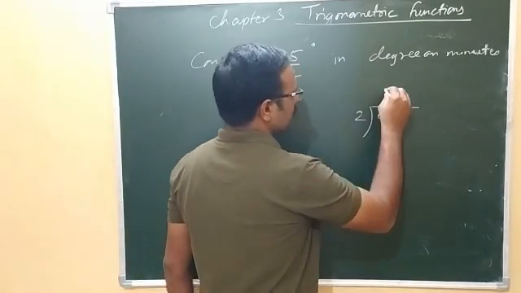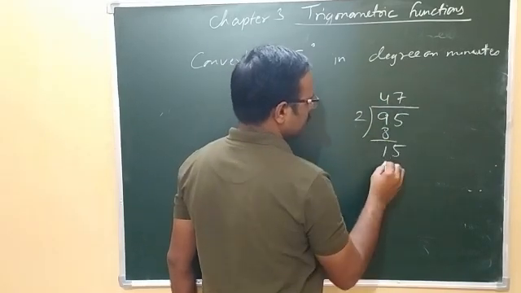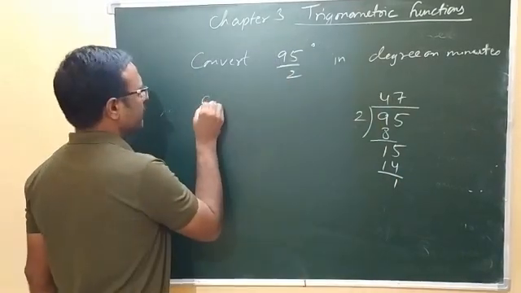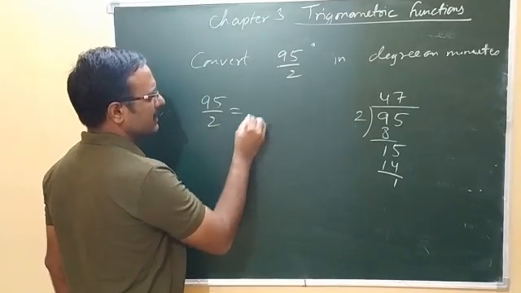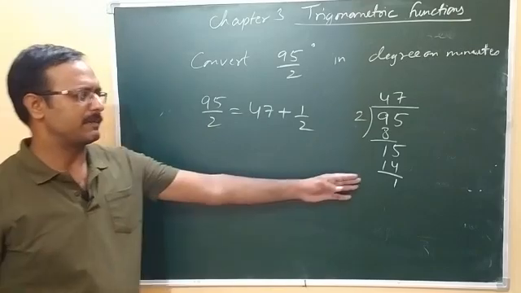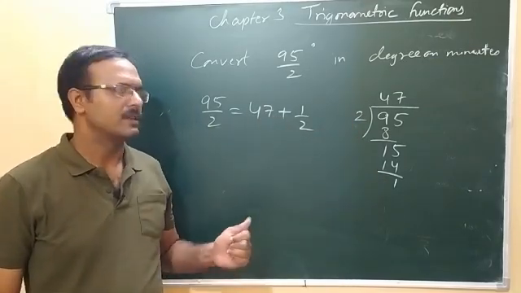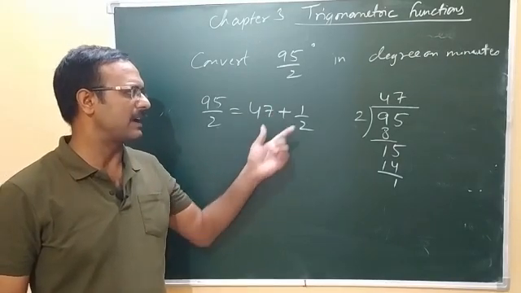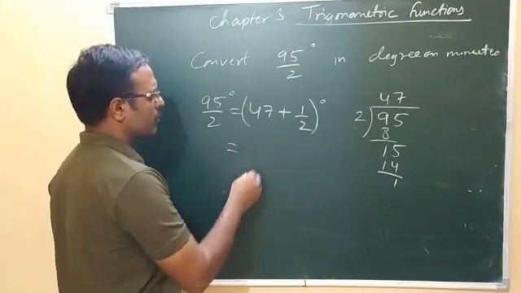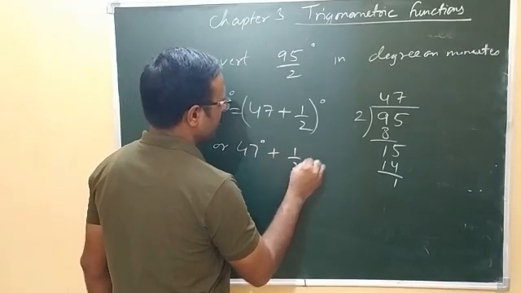See here, 2 4 ja 8, 2 7 ja 14, you will be left with 1. So 95 upon 2 can be written like this, 47 plus half, because the remainder is left. So you can write as 47 plus half degree, or 47 degree plus half degree.